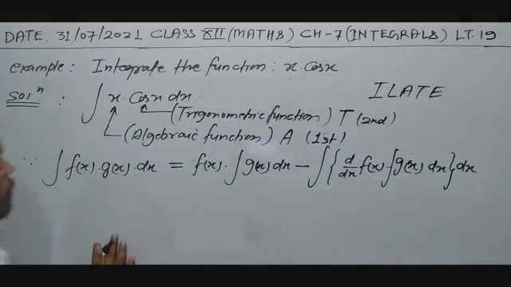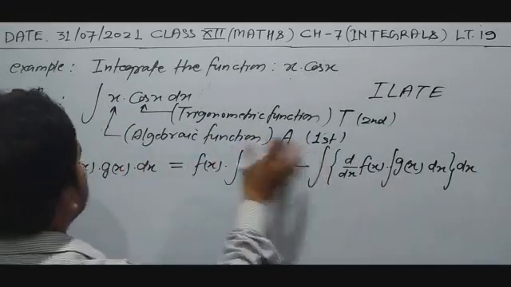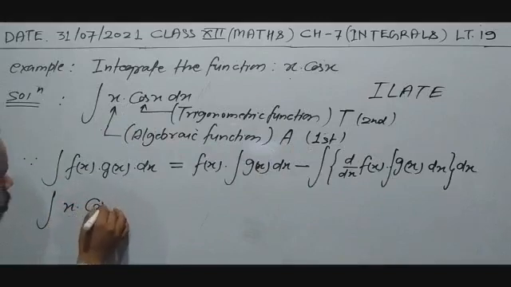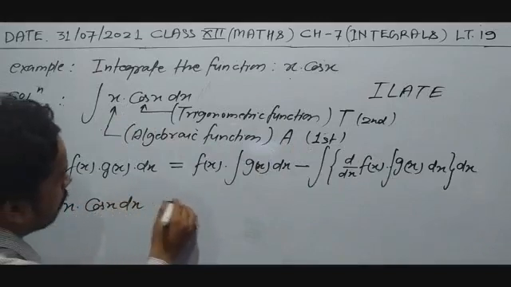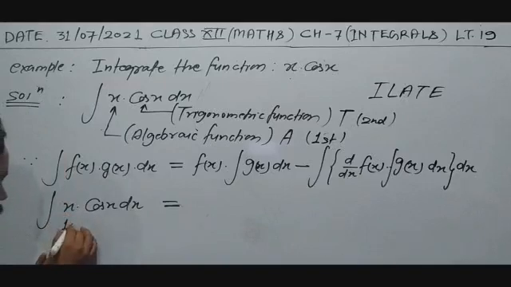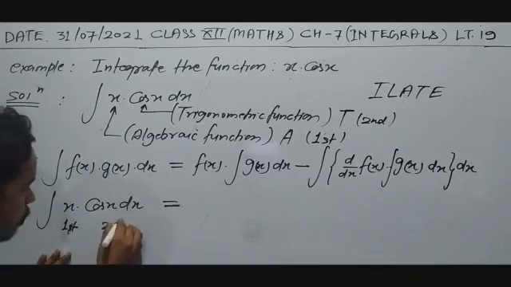Now you know I have to take the first function, that is x. Similarly, x times cos x dx can be written, this is the first function and this is the second function.